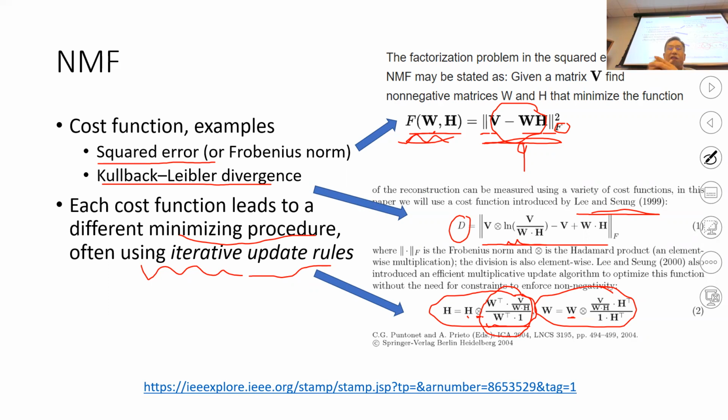You keep updating until you reach some criterion, when the loss function gives a value smaller than a certain cutoff, and you stop.